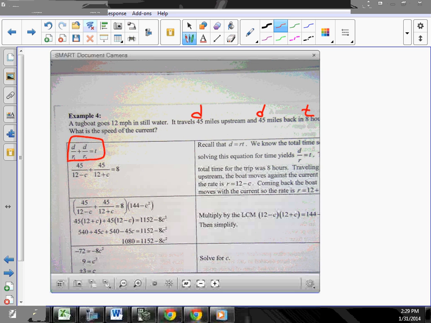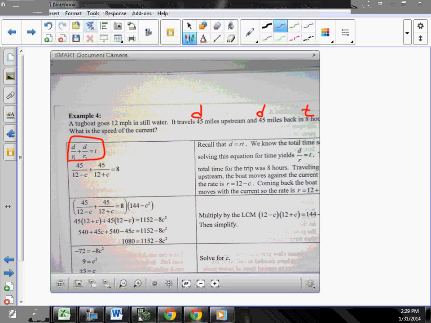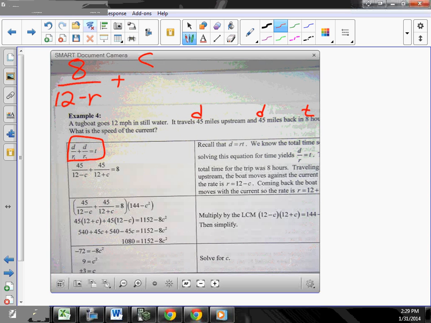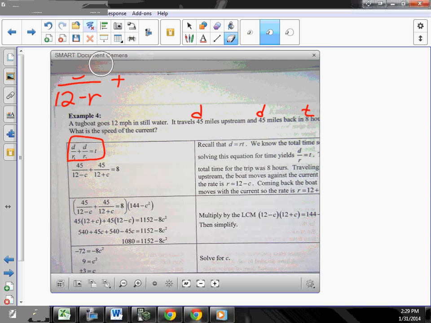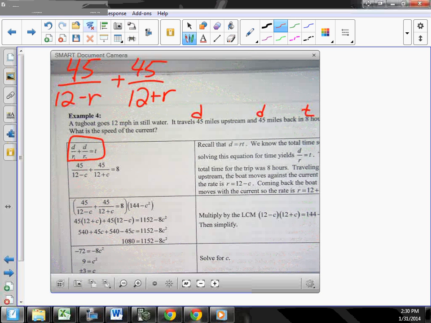Has something to do with 12. 12 minus the rate and 12 plus the rate. So 45 over 12 minus r, plus 45 over 12 plus r, equals 8 hours. I got it backwards. Thank you.